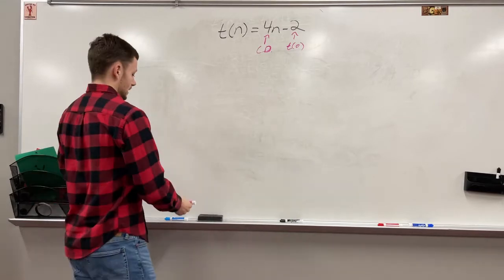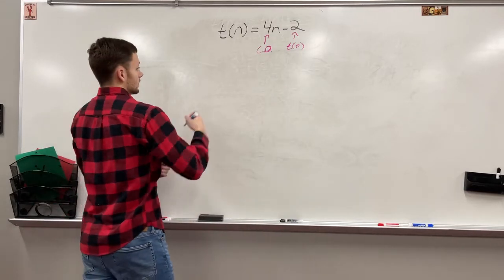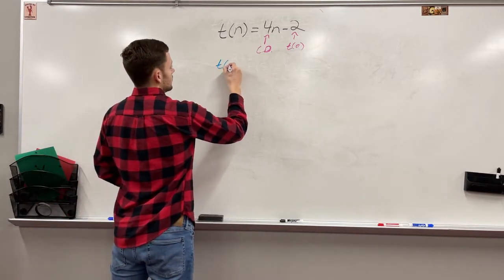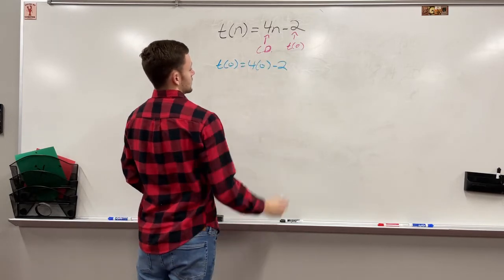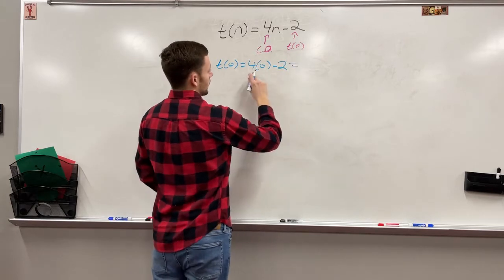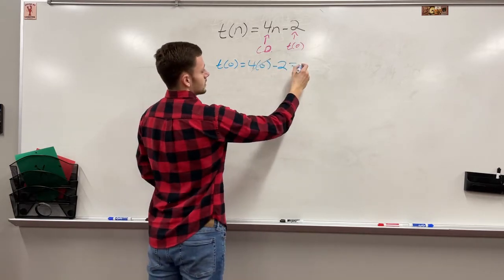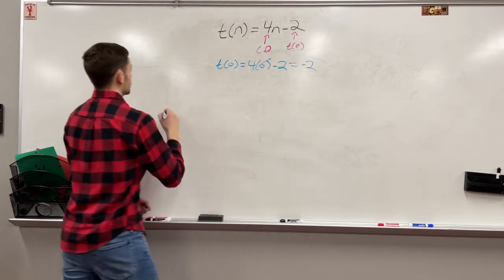And the way I check that, again, is that t of 0 equals 4 times 0 minus 2. So if I simplify, 4 times 0 is 0. I subtract 2, it's negative 2.